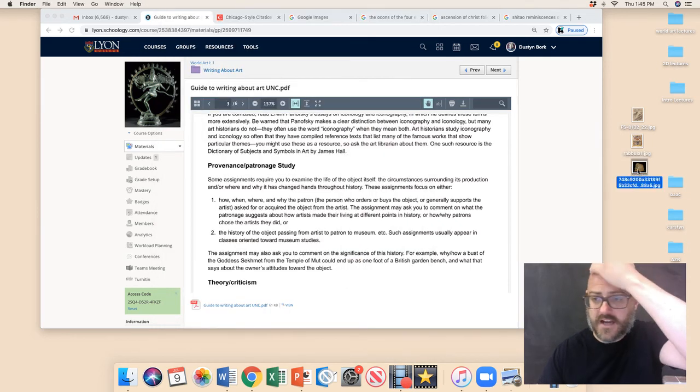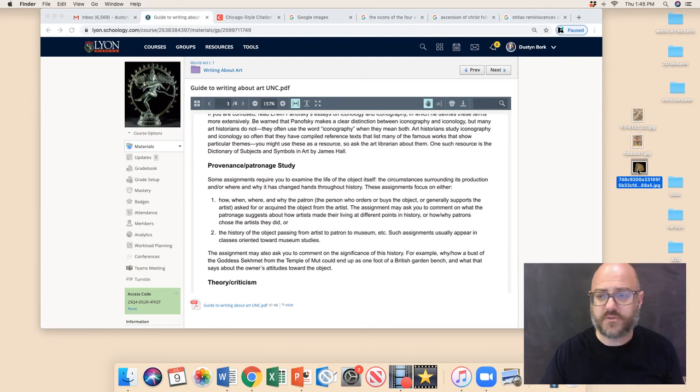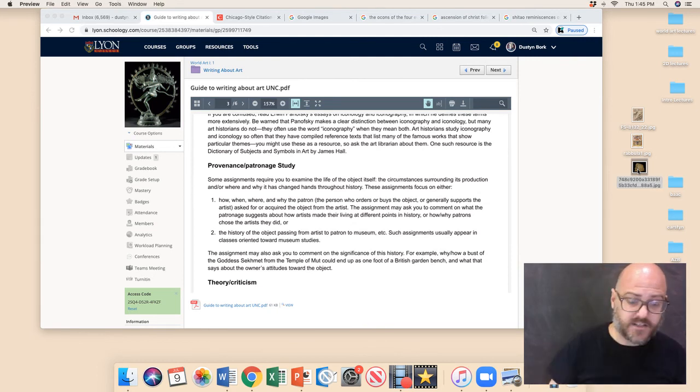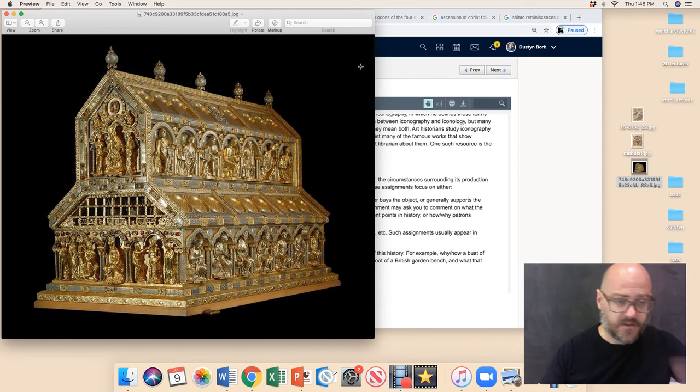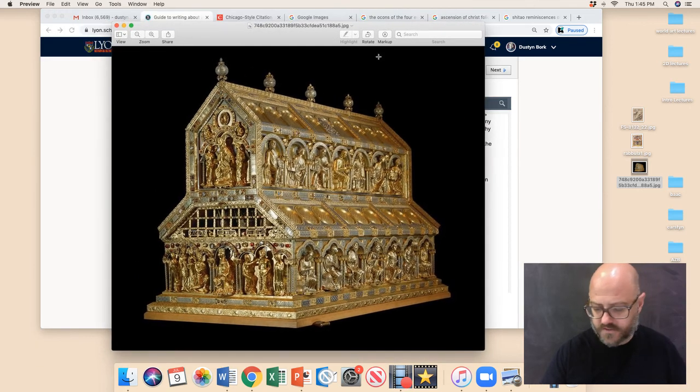The third and the last type of analysis that we'll do this semester is called historical analysis. The image that I'm showing you is from the book, on page 411. It is part of an overall series of objects that were really important from the 10th century all the way up to about the 15th century.